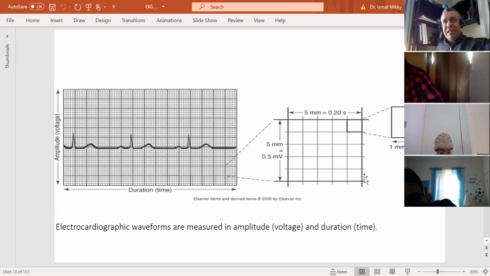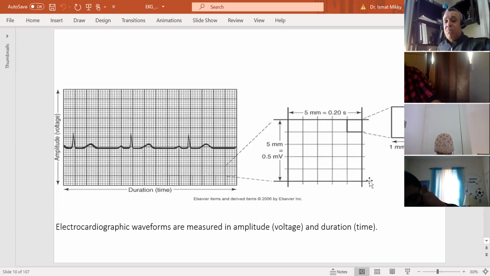It's supposed to be nicely deflected positively above the x-axis in a nice curvature, not peaked or higher than a certain height or voltage.